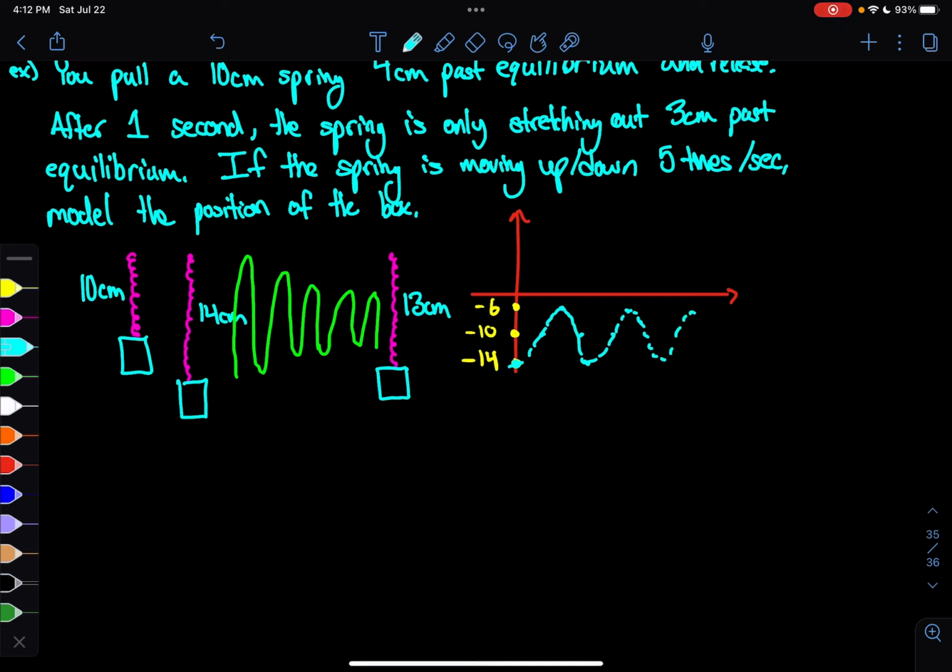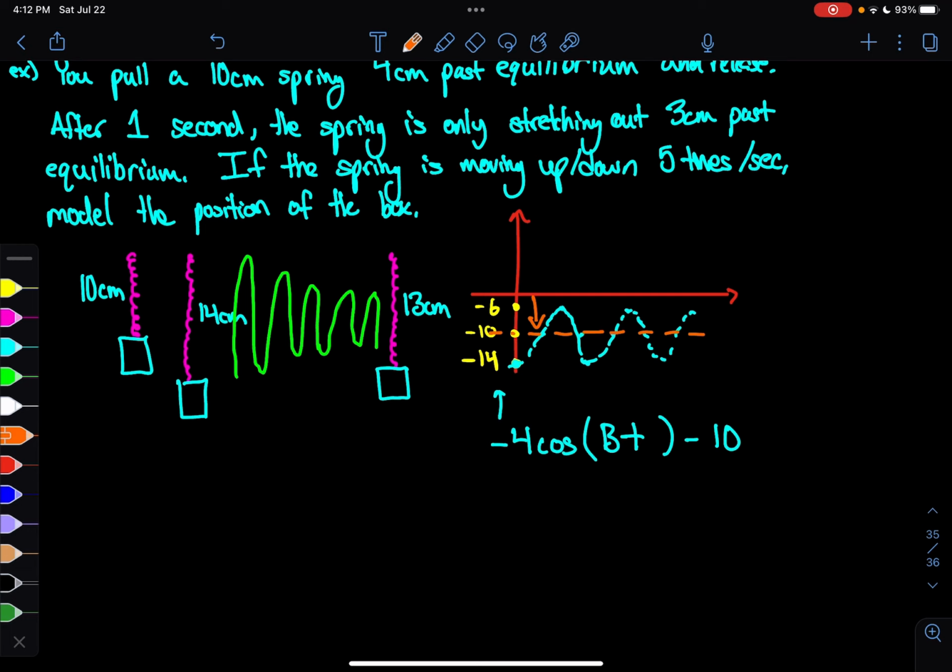And that graph right there is simply minus 4 cosine of something with a t, of bt, because there's no horizontal shift, and then it has a vertical shift of minus 10, because that's where equilibrium is. Our midline goes right through the middle here. We have dropped down 10 units.